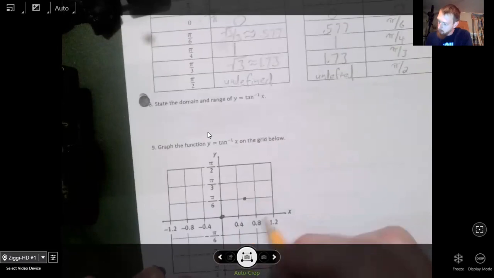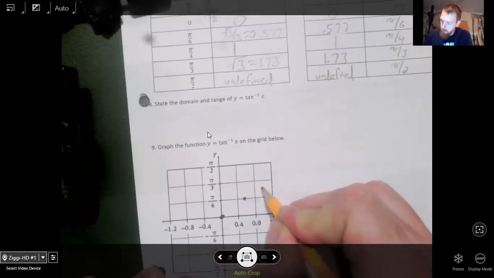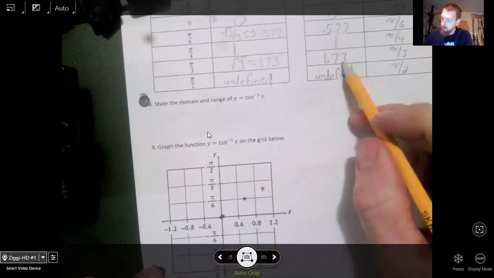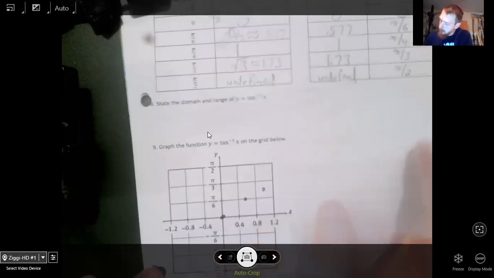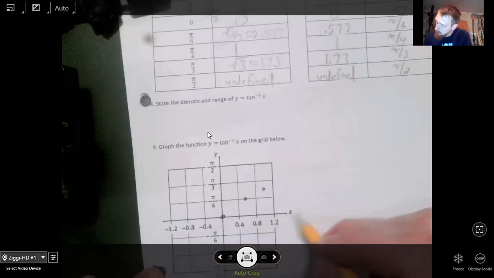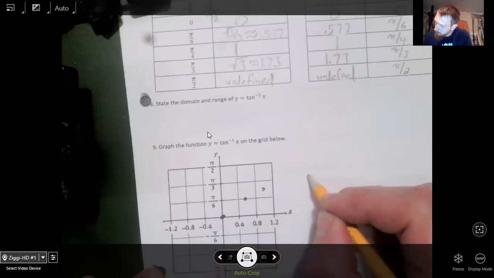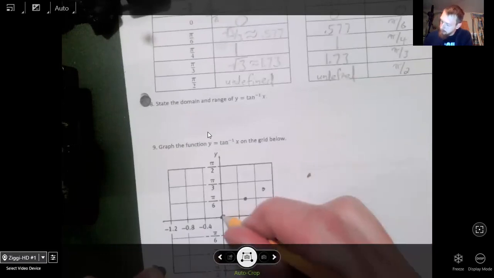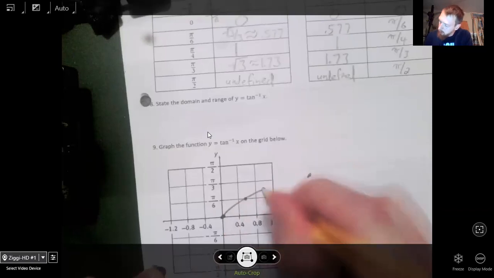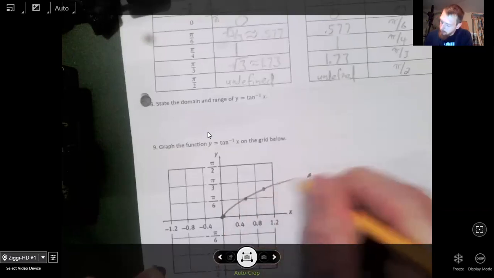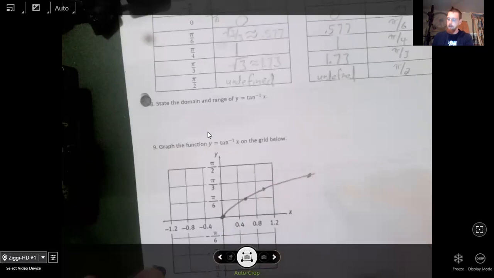And when x is 1, y is pi over 4. And now we've got to extend this a little bit. Okay, 1.73 is, well, let's say that's 1.6, so about here for pi over 3. All right, so we're going to get this sinusoidal looking curve about like so. We're going to save that thought for a little bit.